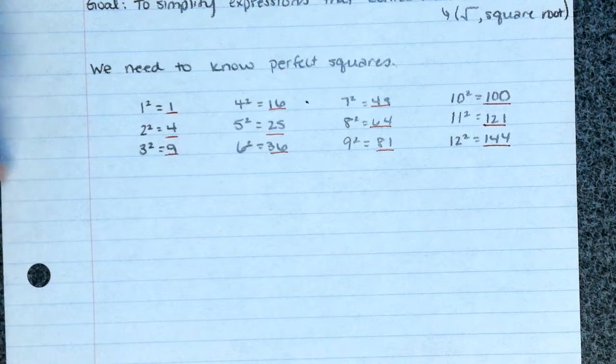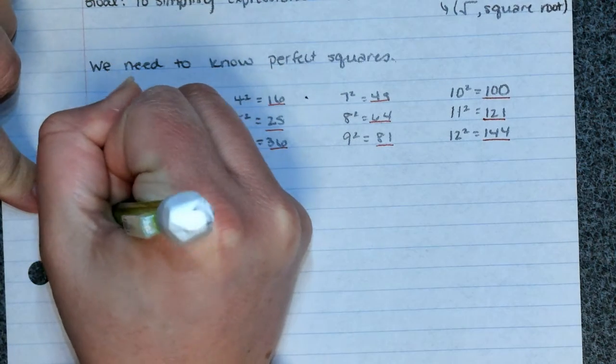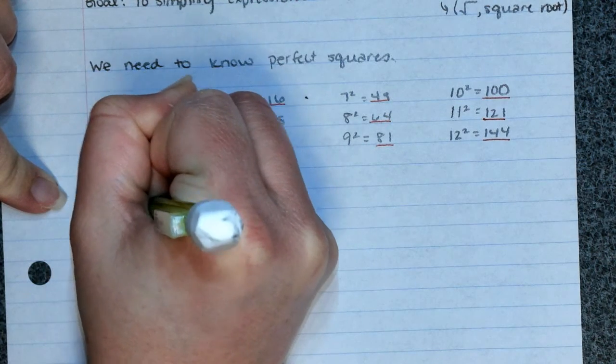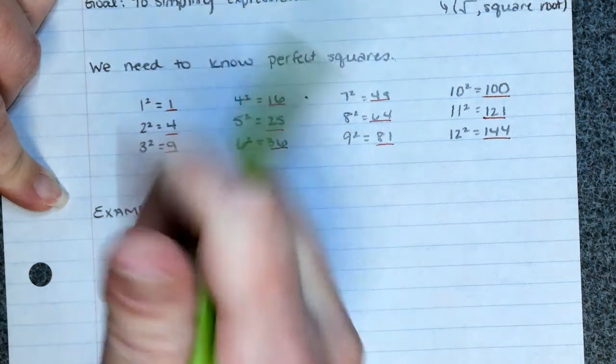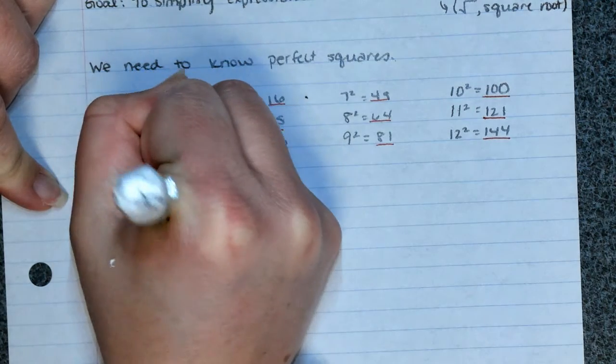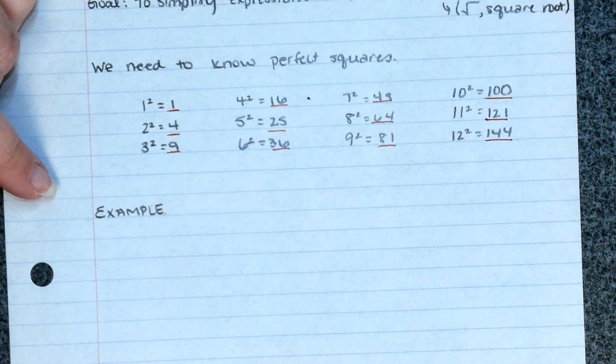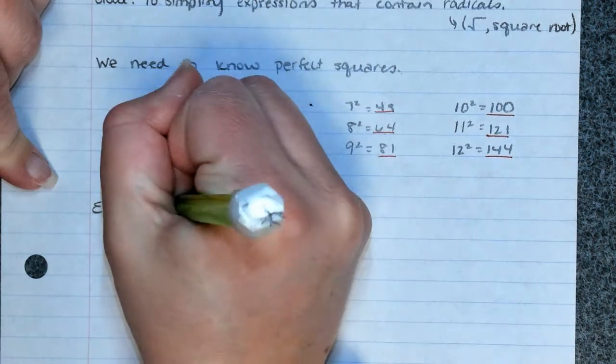So the first example that we're going to do is to simplify the radical.